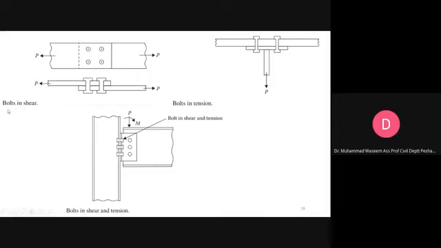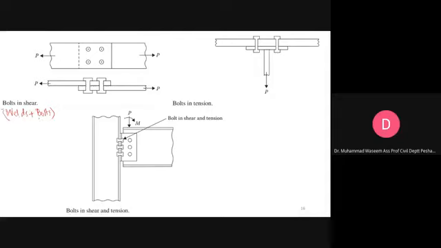I have added some sketches which refer only to bolts, but it does not mean only bolts. It can be welds as well. They are applicable to both welds and bolts.